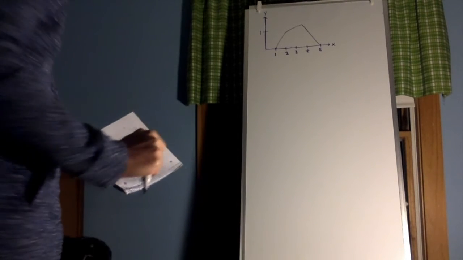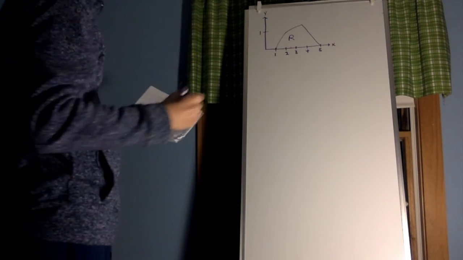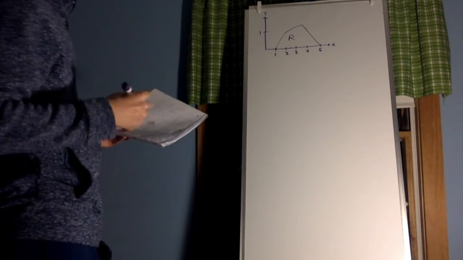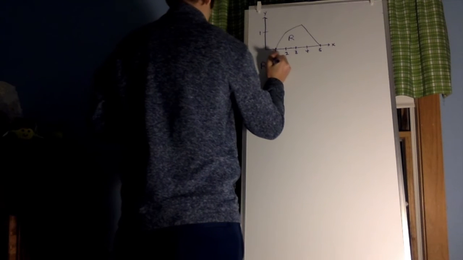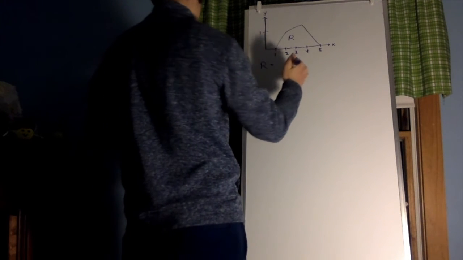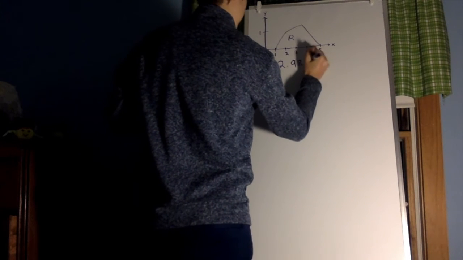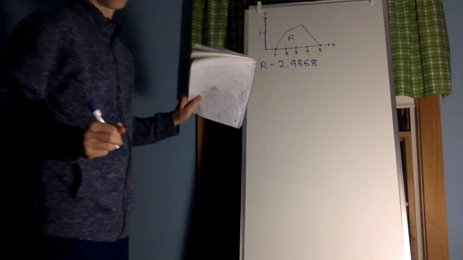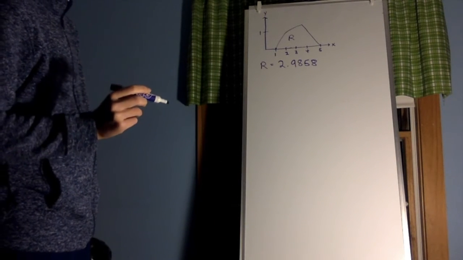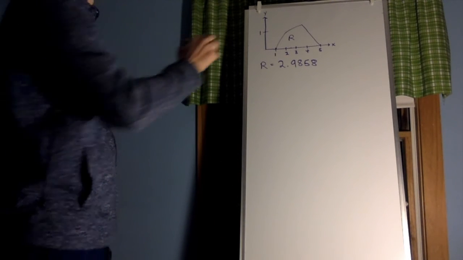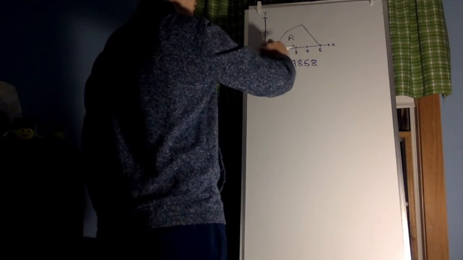All right, so I have my region R under the curve, and I know from earlier, from part A, that R is equal to 2.9858. And that might be a little bit different depending on your rounding, just like before. And we are asked to find a line that will give us half the area of this region R.